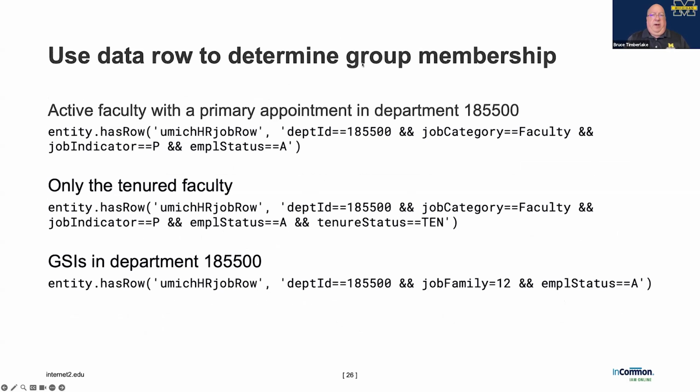So here are some examples of data row definitions that we have created as ways to help people. Primary faculty with a primary appointment in a specific department, a group that's only tenured faculty, a group that is just GSIs, graduate student instructors in a certain department.